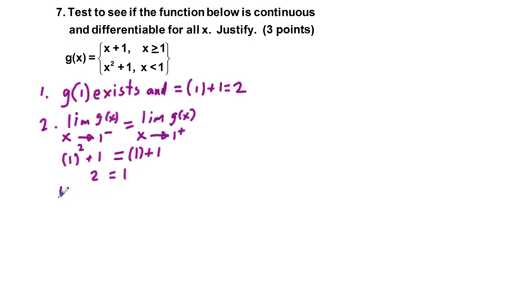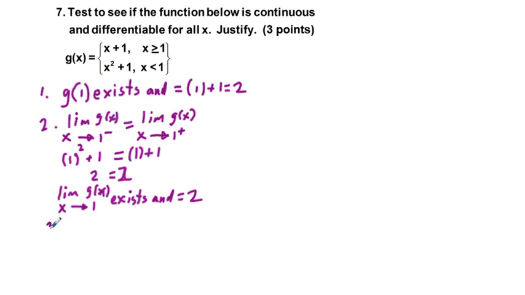So we say the limit as x approaches 1 of g of x exists and is equal to 2.